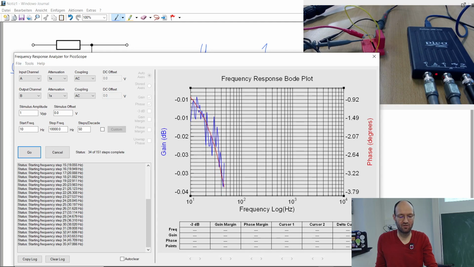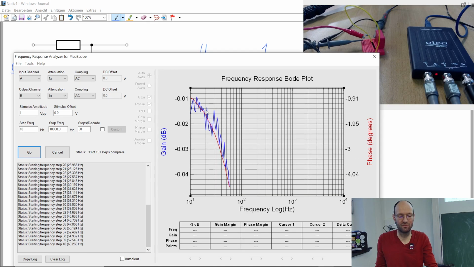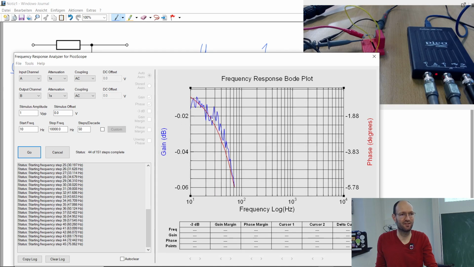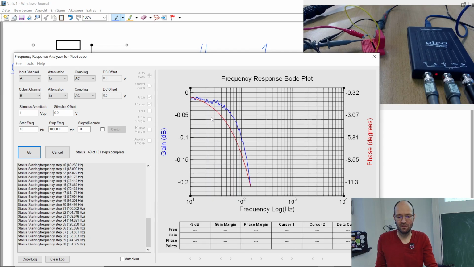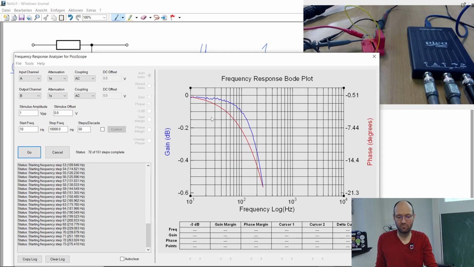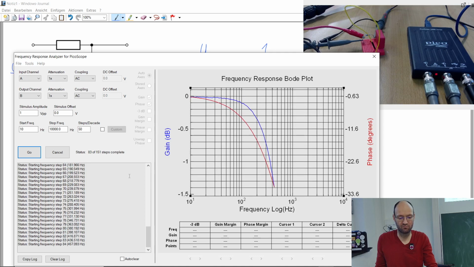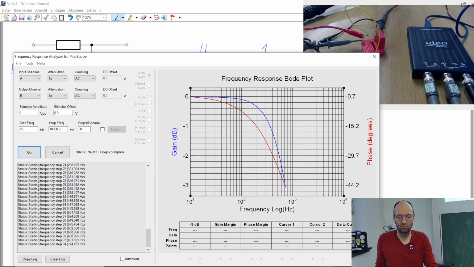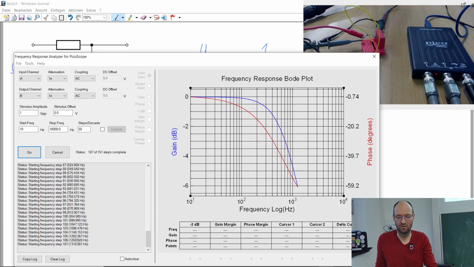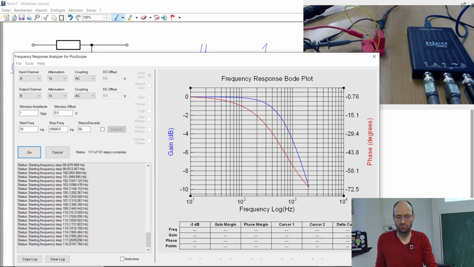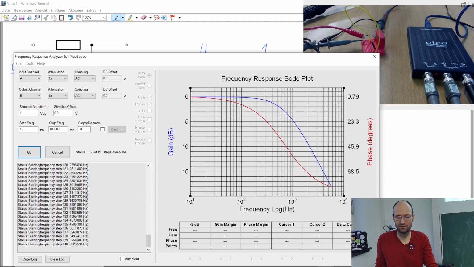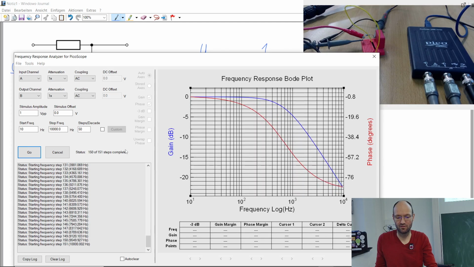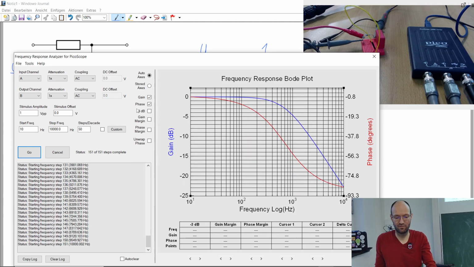Because we are very close to 0 here, this is mainly the uncertainty of the measurement. Now you can see we come close to the break frequency, the corner frequency of this filter. So this now looks much nicer, and it really nicely fits.